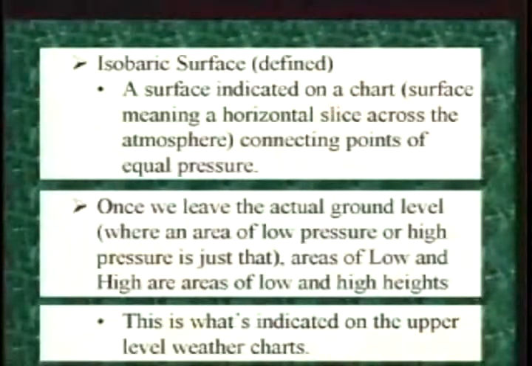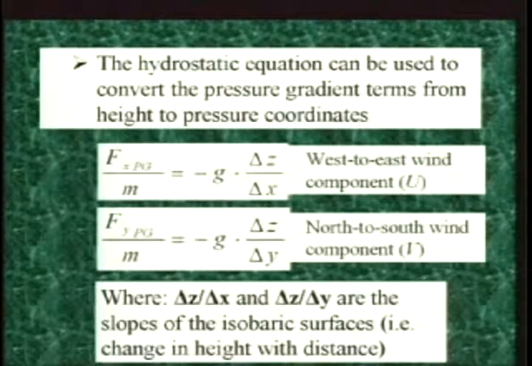That's the pressure level. If you see an H and an L, that's high heights and low heights. The higher heights represent warmer temperatures, the lower heights represent colder temperatures. So that's the proper way to talk about it. Once we leave the actual ground level, you're dealing with heights. This is what's indicated on the upper level weather charts, as I said.